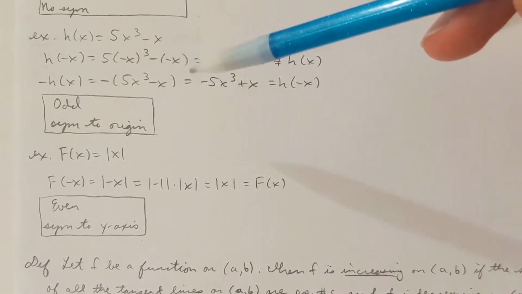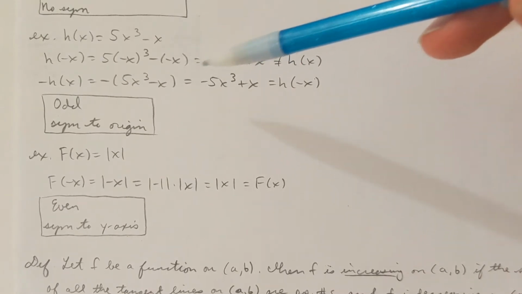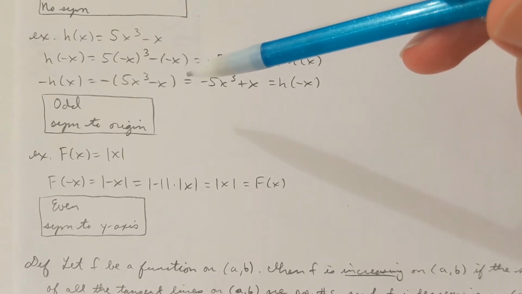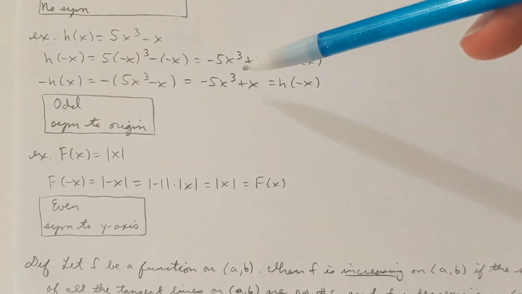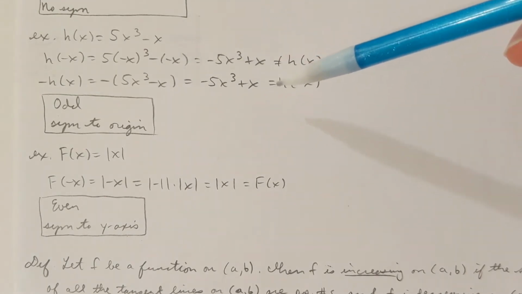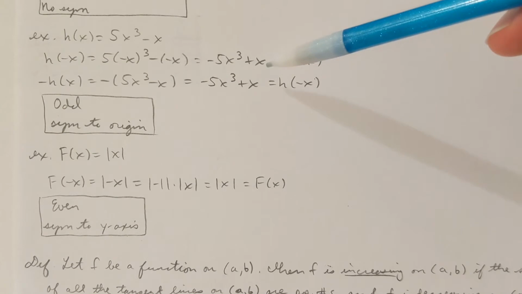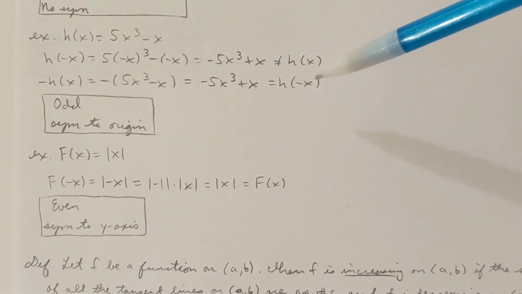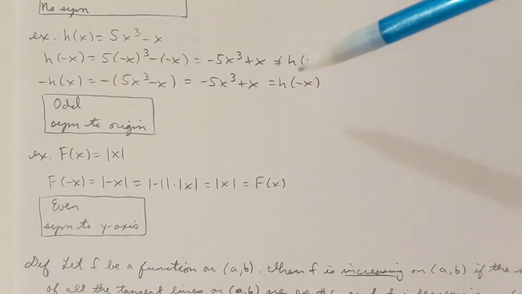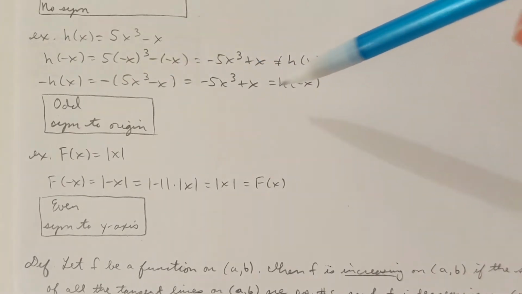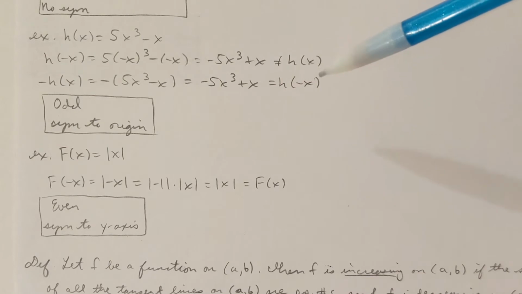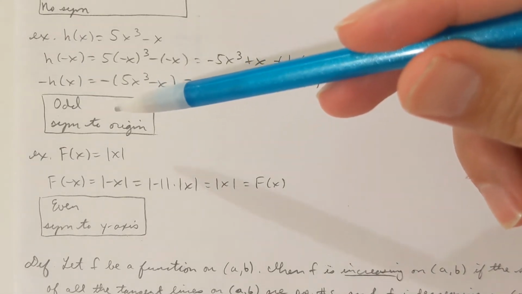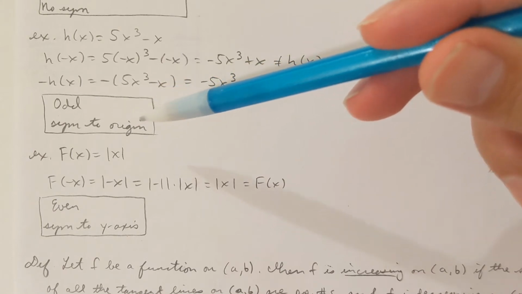Negative h of x means negative the whole thing: negative 5x cubed plus x. And that's the same as what I was given here, which is equal to h of negative x. So because negative h of x and h of negative x are exactly the same function, we have an odd function, and therefore an odd function is symmetric to the origin.